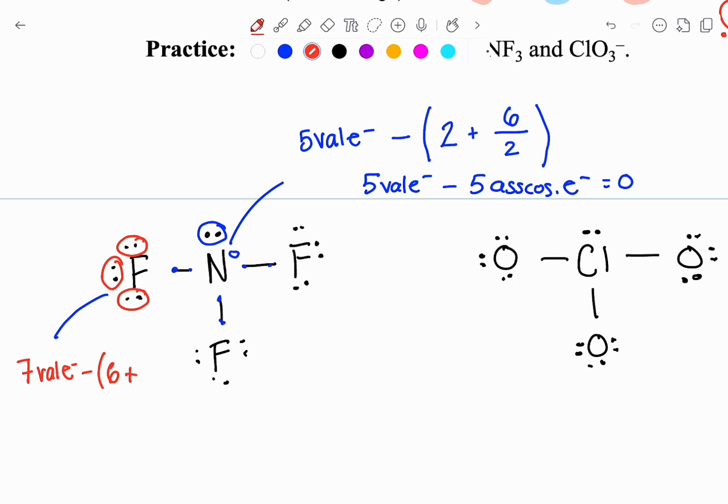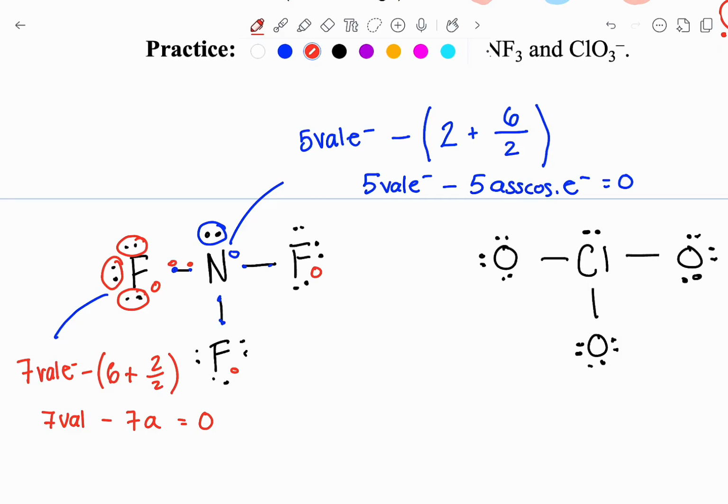And we're going to add to that the number of electrons that are in bonds. So 1, 2 electrons in bonds divided by 2. So 6 plus 2 over 2, that's 1. So 6 plus 1 is 7. 7 valence minus 7 associated, that gets us to a formal charge of 0 as well. So each of these fluorines has a formal charge of 0.